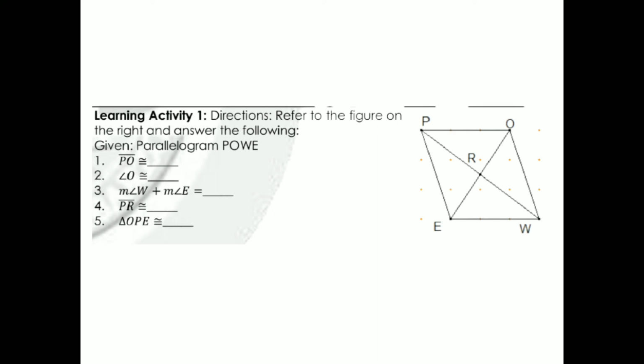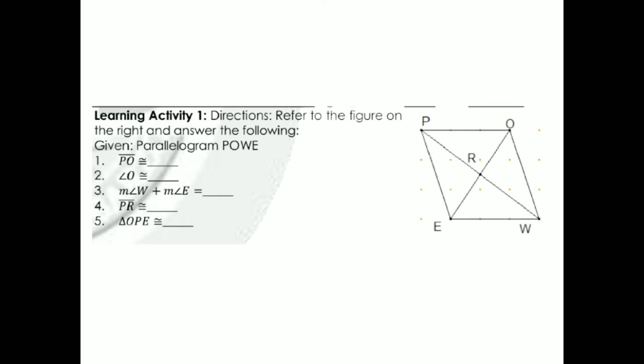Then number 3, angle W plus angle E. Since they are consecutive or adjacent angles, they are supplementary, which is equal to 180 degrees. So when we add them, the sum of the angles is equal to 180 degrees. That is the answer.